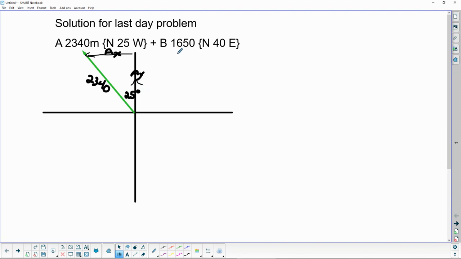Okay, there's our first vector, so let's get each component of it. So AX, okay, we have a 25 degree angle times that size of vector, meters wise. And because we're looking at the opposite side of the triangle here for the 25 degrees, opposite and hypotenuse is sine.